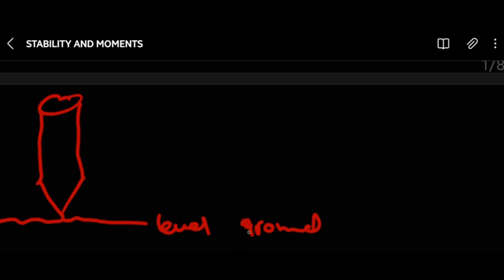If this is a ball pen and this is level ground, you would find that if you were to push or pull this ball pen, it will topple over. It will fall on the other side.